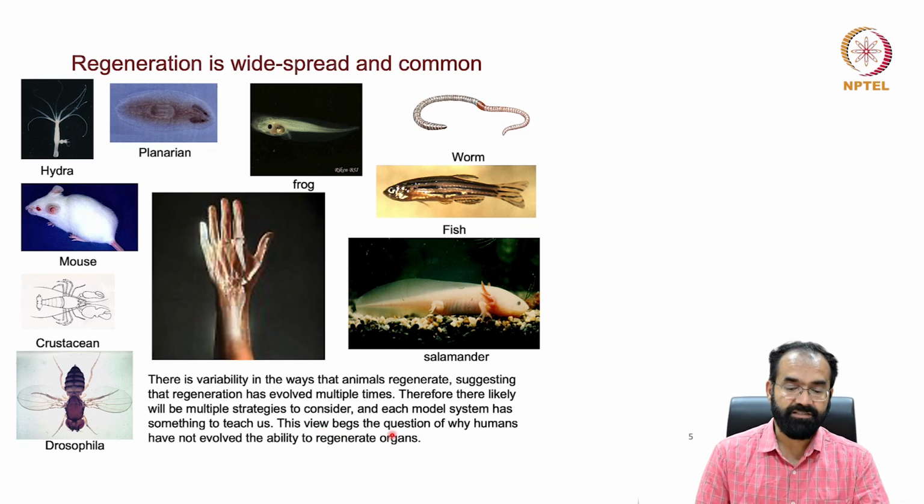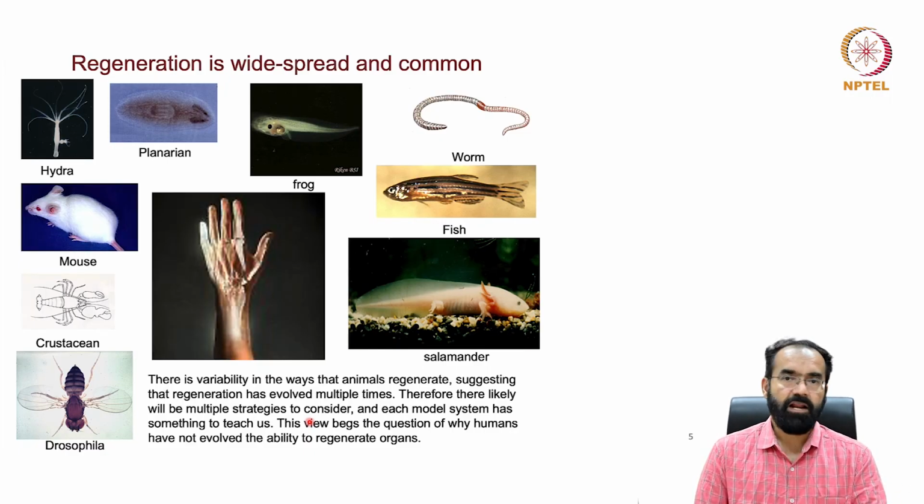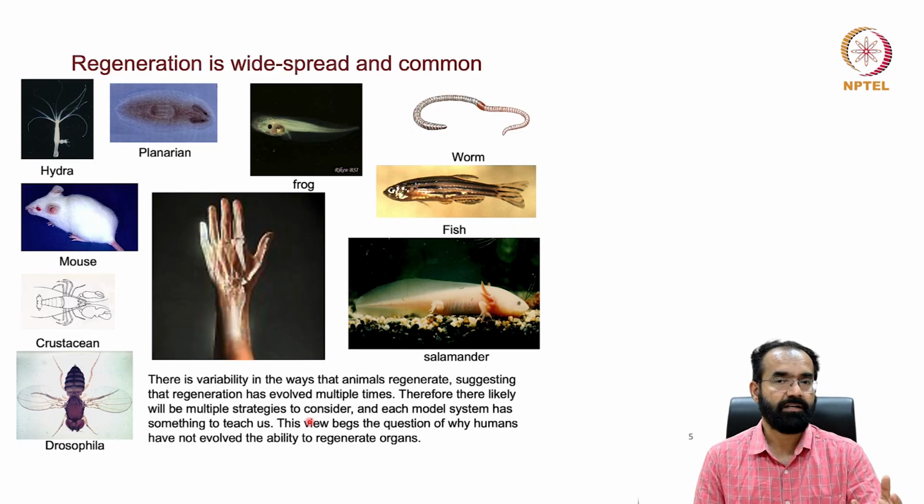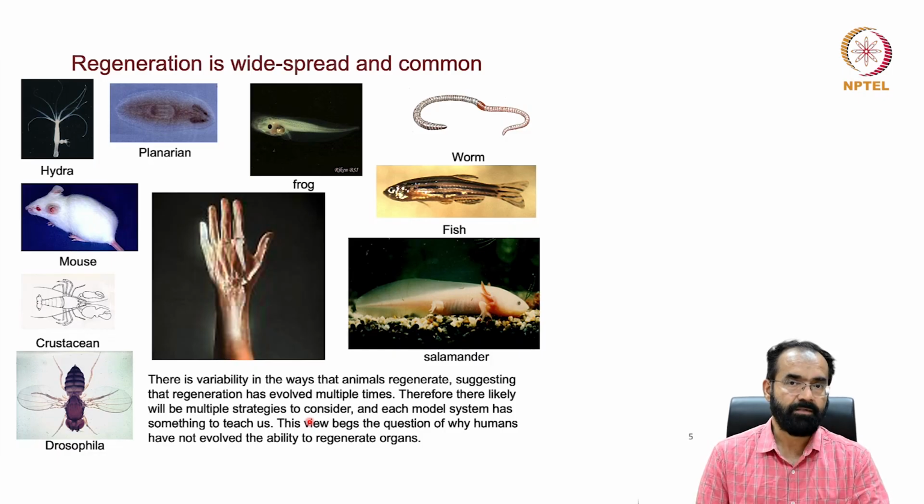This view begs the question of why humans have not evolved the ability to regenerate. There are so many reasons and arguments that can be made. There is also one theory, about the group of humans that migrated out of Africa, that probably you already know: an Indian and an American or a Japanese or a Chinese or any other ethnicity are more similar to each other than a person living in Africa in one village is to the neighboring village.